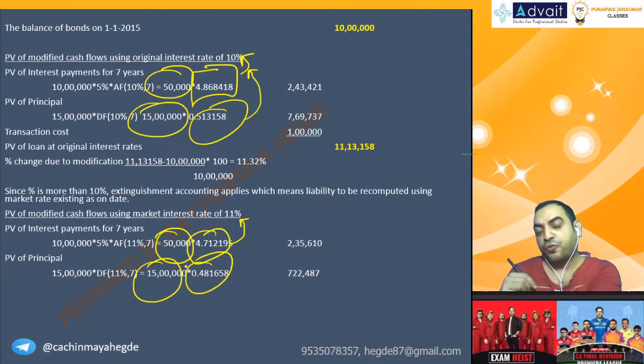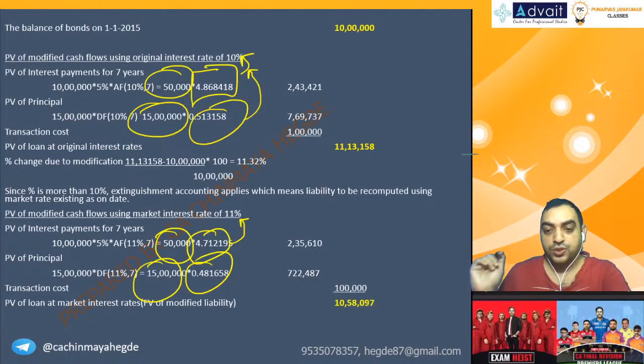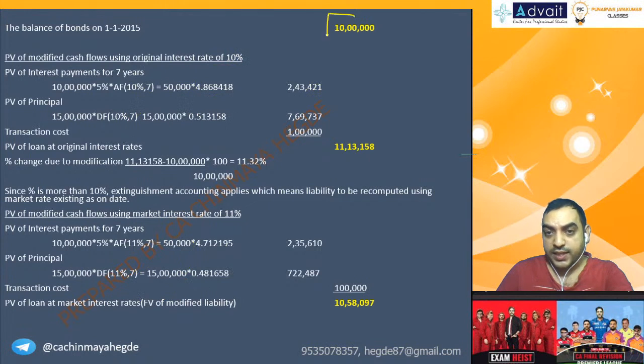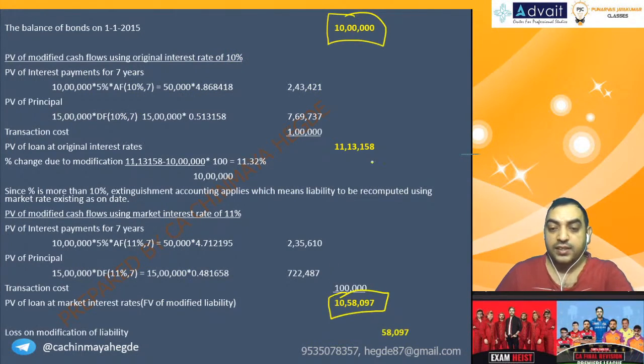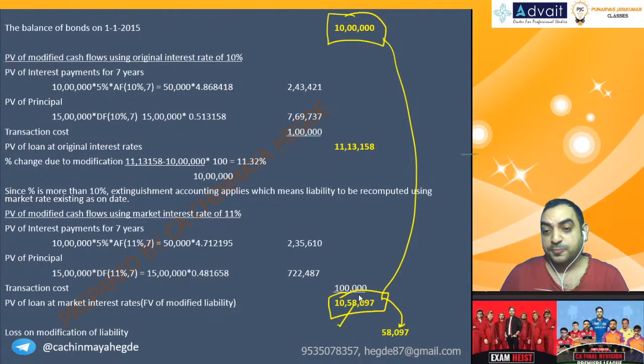Now you will take 0.481658. Then you take the transaction cost again. So the total comes to 10 lakh 58. The carrying amount is 10 lakh and the new amount we calculated is 10 lakh 58. The differential amount will be transferred to P&L. Therefore, from now onwards, you will take 10 lakh 58.